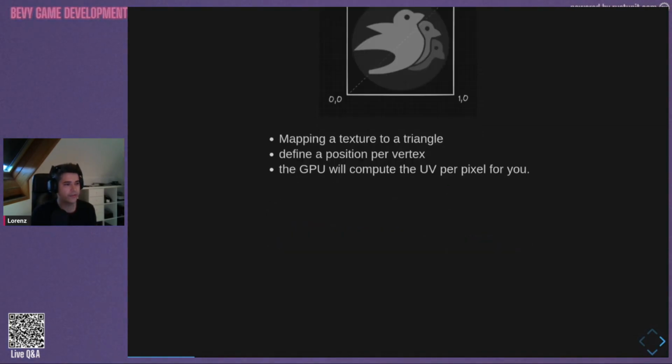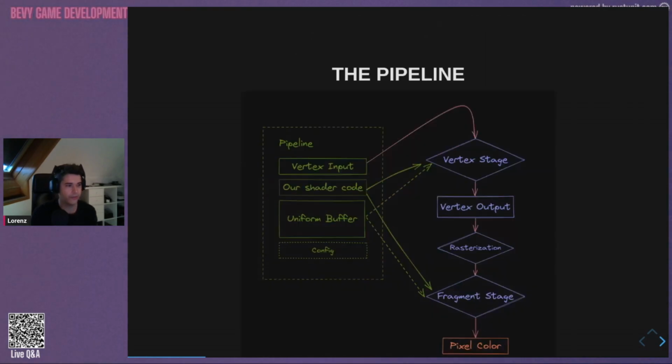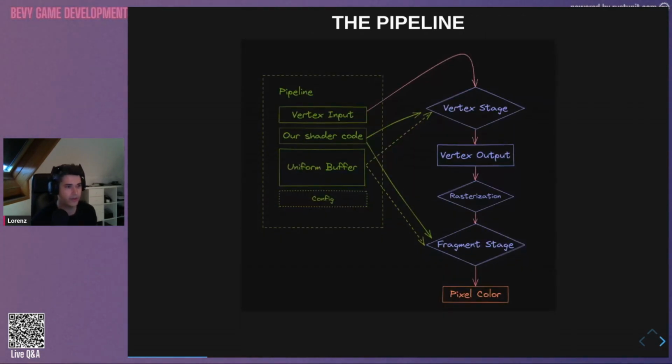And the whole process of this is called a pipeline: describing which data goes in, how this data is laid out in memory, and how the GPU should interpret it, so the whole configuration part. On the screen right now you can see the different stages.